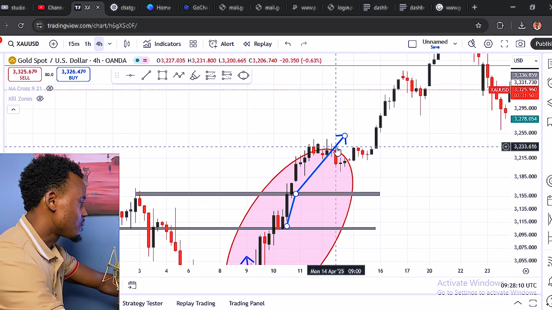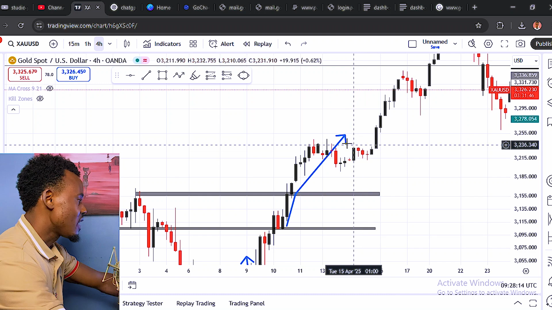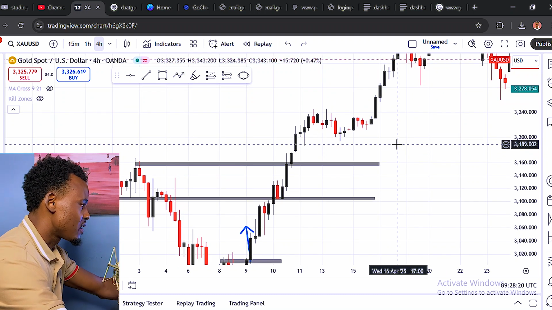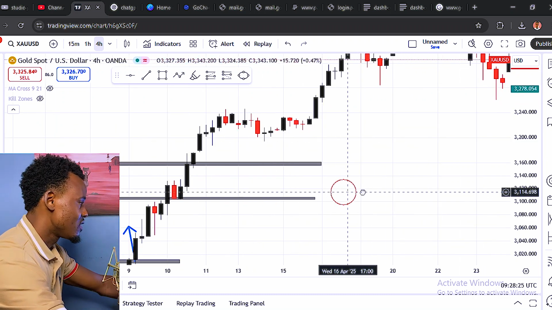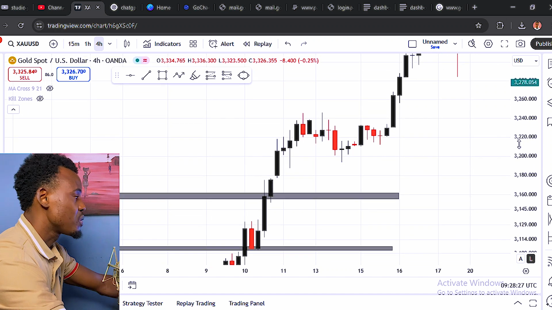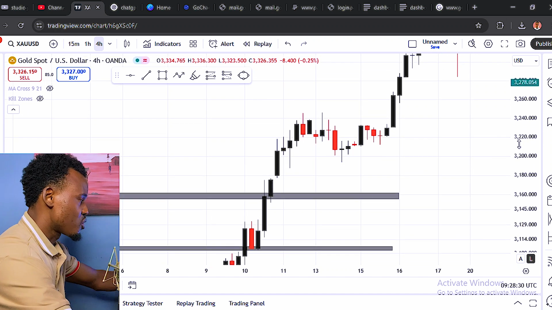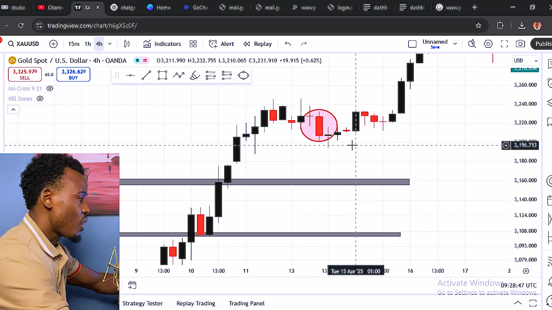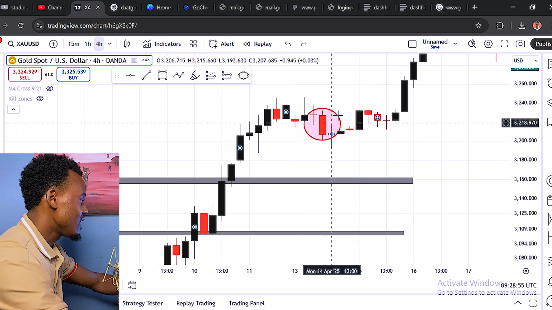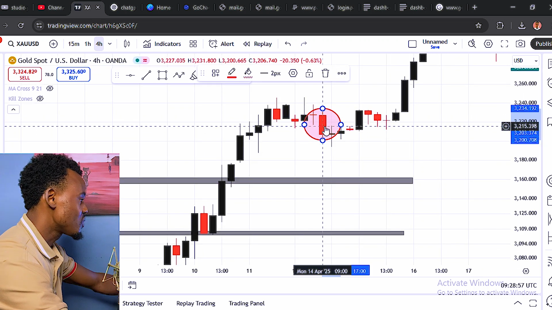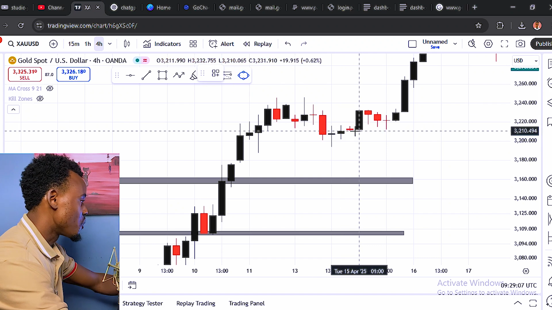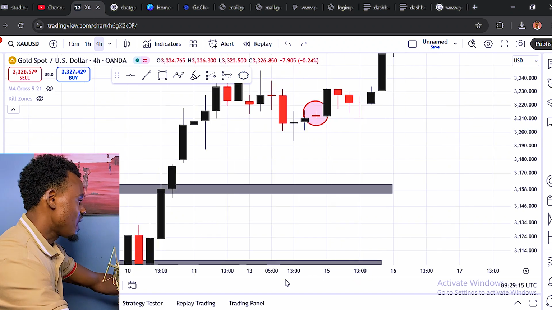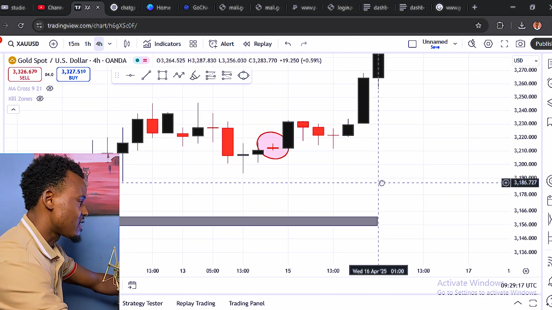Now, when it gets to this particular place right here, sellers want to push this price back down again, but something happens right here, and that's why you have to pay very close attention to every market structure. They wanted to push the price back down massively, but eventually they were unable to. When they get to this particular area, they still want to do the same, but their strength got weaker around this zone, and the buyers say, man, we are not letting that happen.